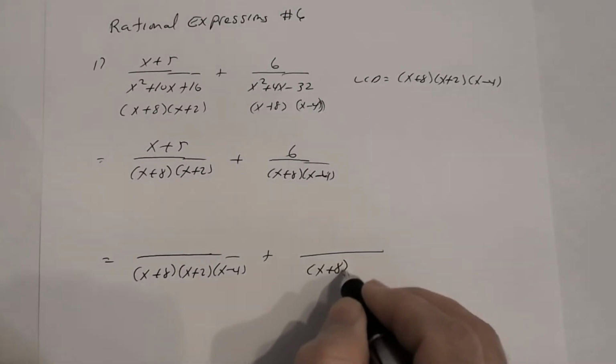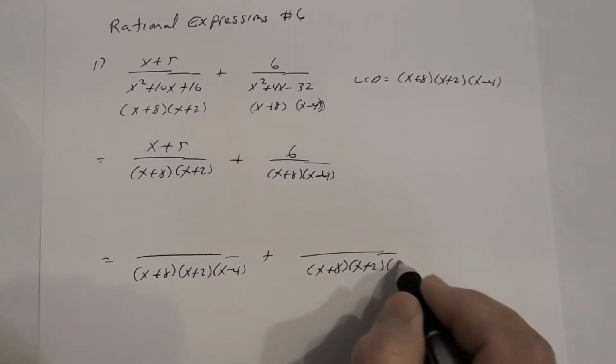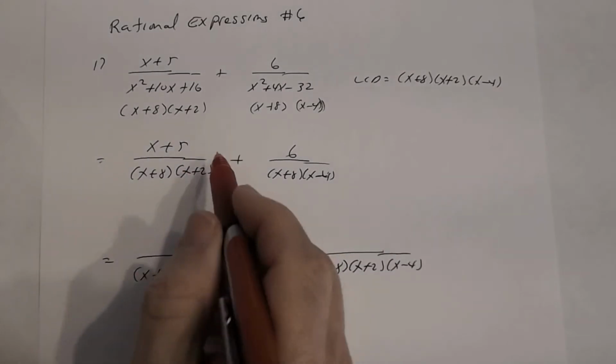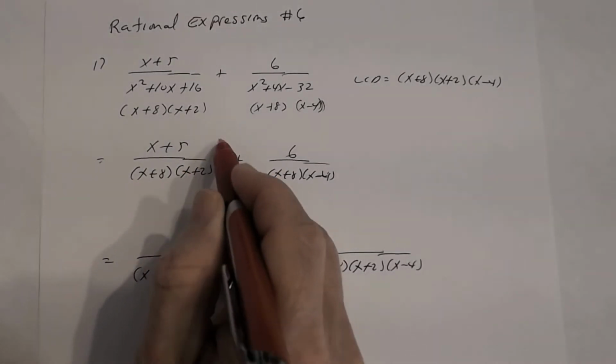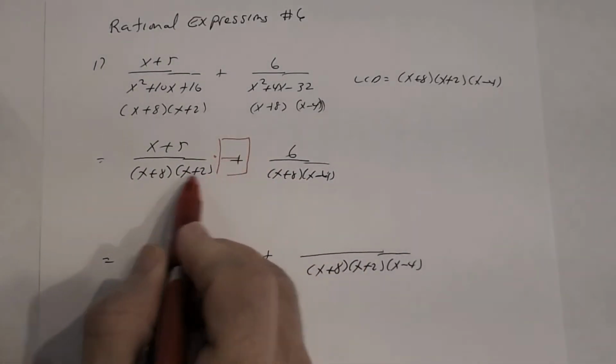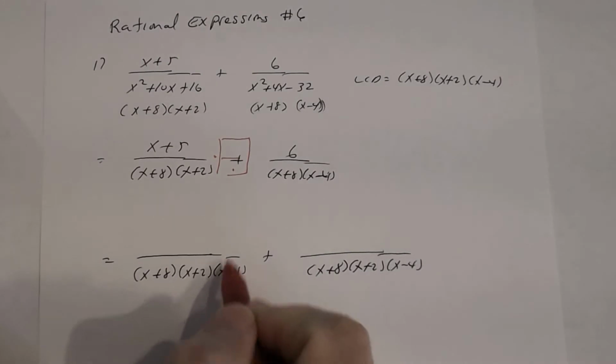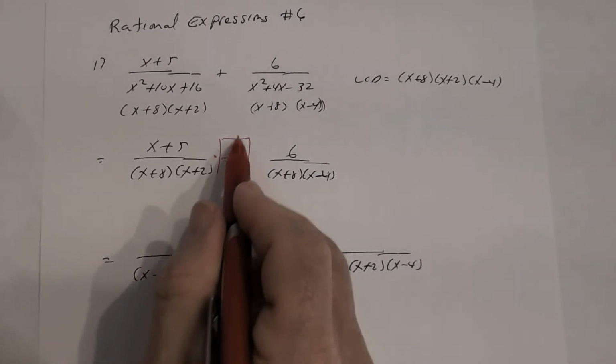X plus 8, x plus 2, x minus 4. All right, so the way we're going to write the equivalent expressions, remember what we did in previous lessons: we knew that we had to multiply this denominator by some rational expression to get this. But what I did to the denominator, I got to do to the numerator because I need this to be a 1.